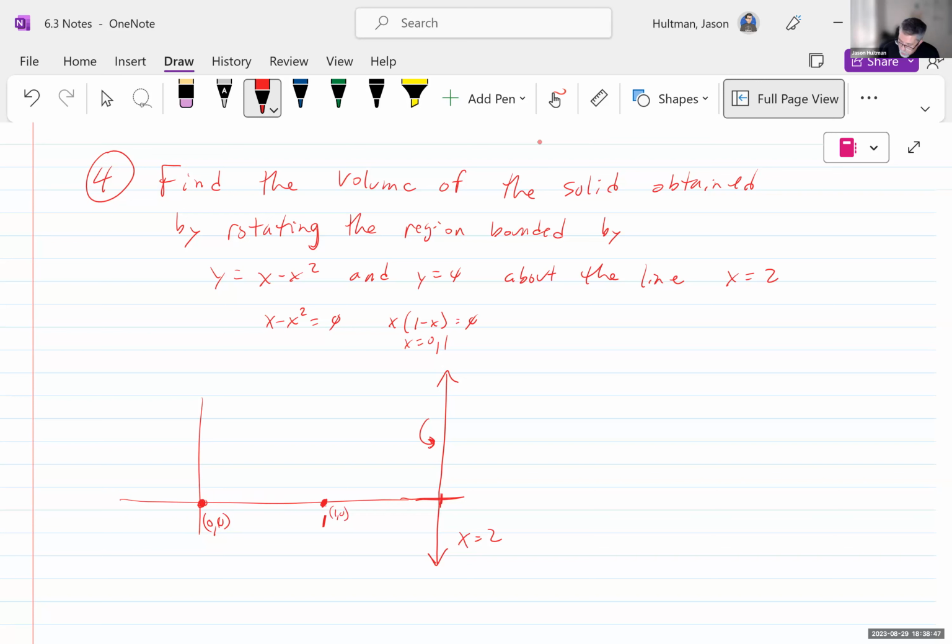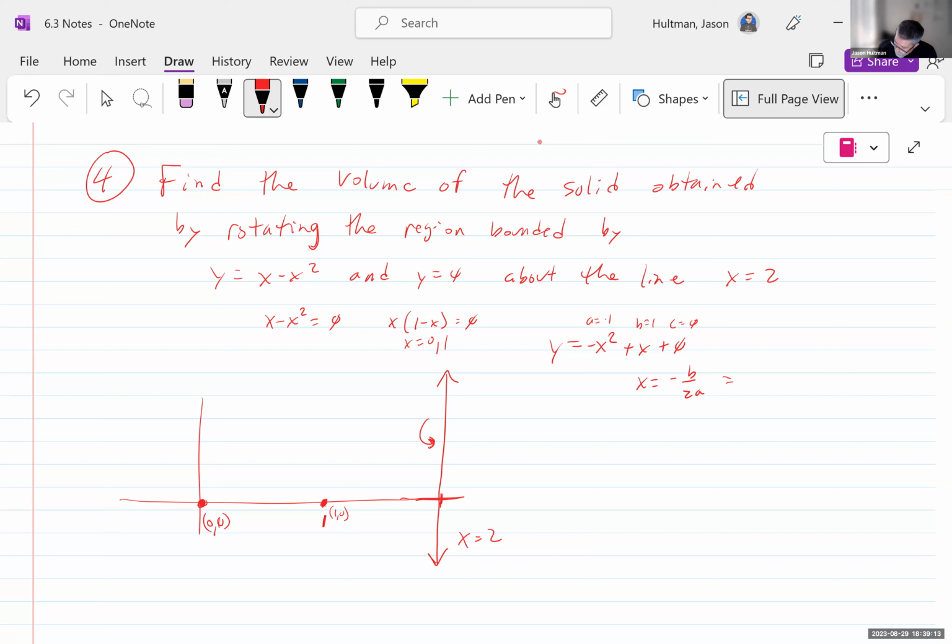But we can rewrite this as y equals negative x squared plus x plus 0. Again, we have x equals negative b over 2a. So b is 1, c is 0, and a is negative 1.